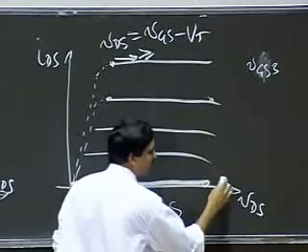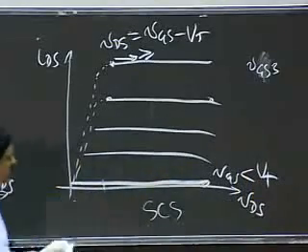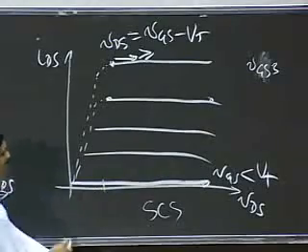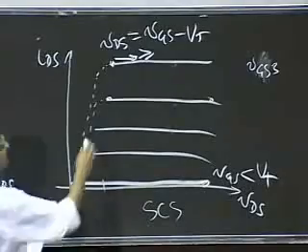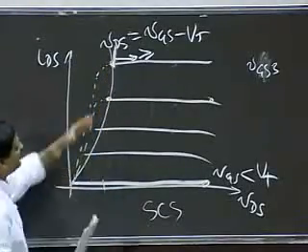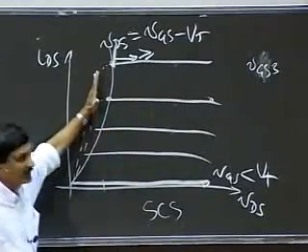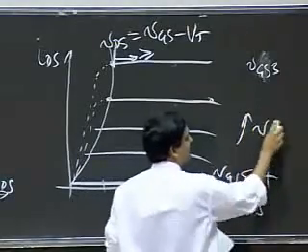And it behaves like an open circuit as before when VGS is less than VT. And so as I increase my VGS, provided I keep my VDS greater than VGS minus VT, I get current source-like behavior. And notice that this is increasing VGS.